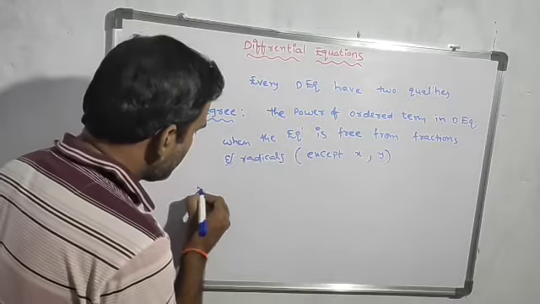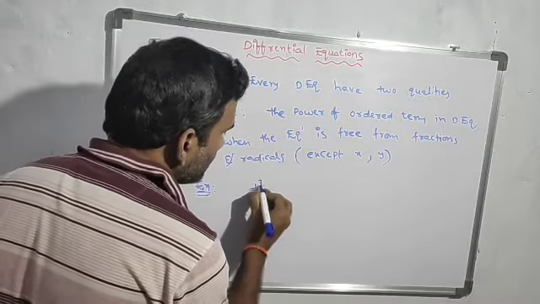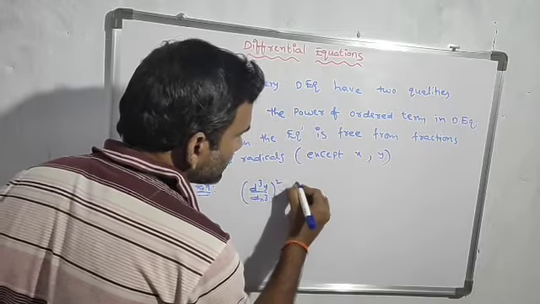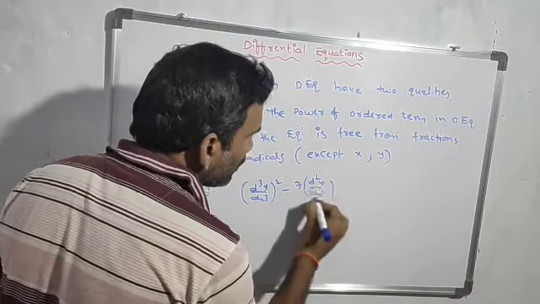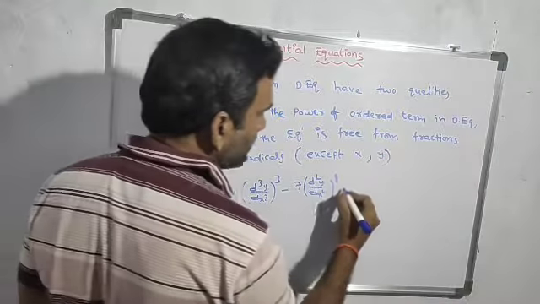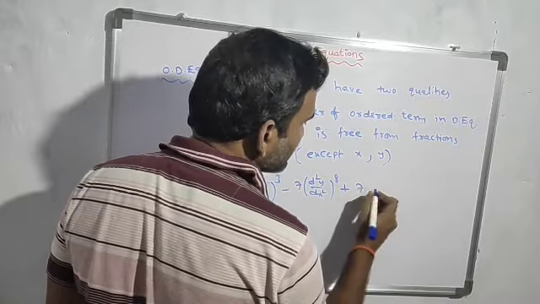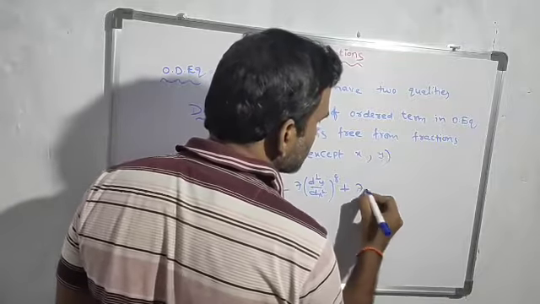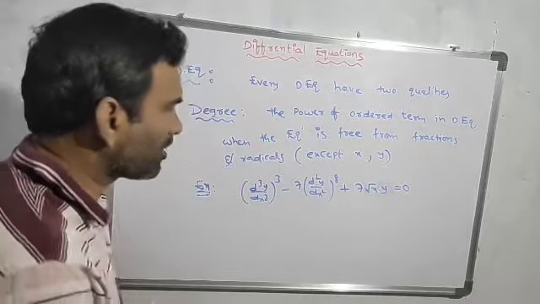For example, I am taking one example: d cube y by dx cube whole square minus 7 into d square y by dx square whole to the power of 8 plus 7x to the power of 1 by 2 into y, or 7 root x into y, equal to 0.